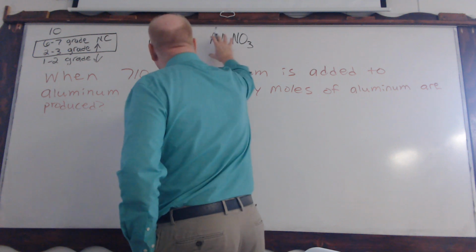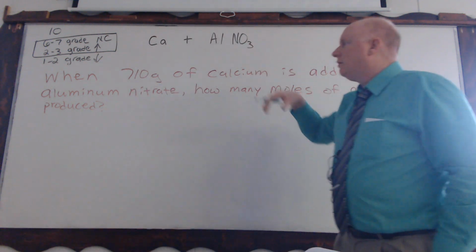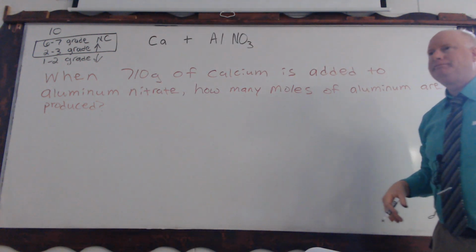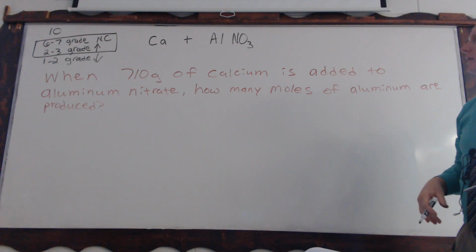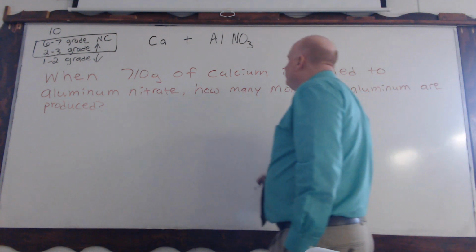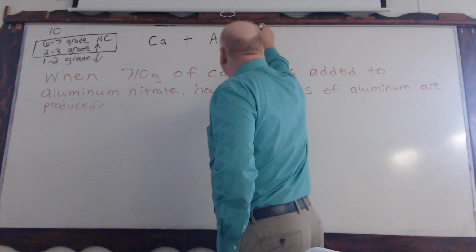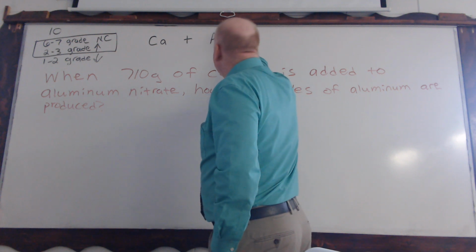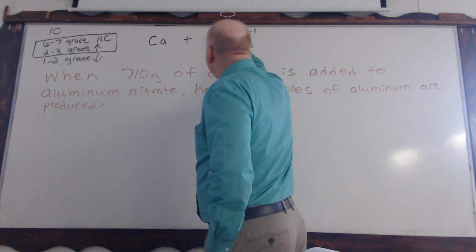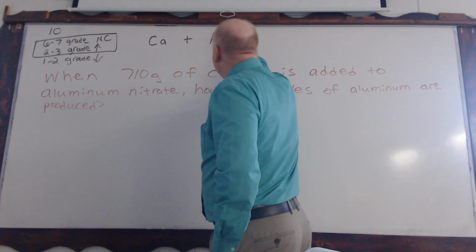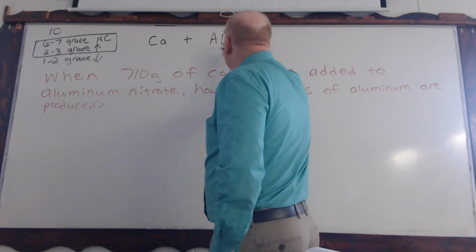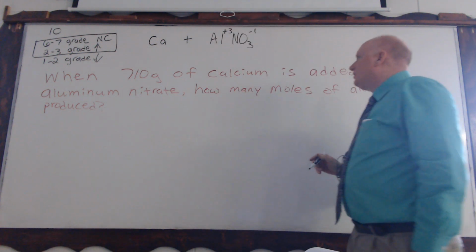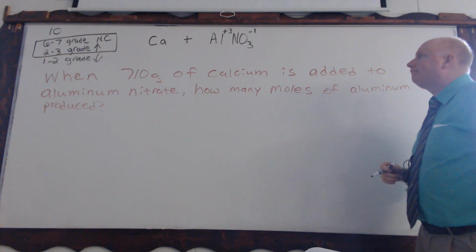Then, is this compound complete? Okay, because what's the charge of a nitrate ion? What's the charge of aluminum? Okay, so since that does not add up to 0, what do we need to do?